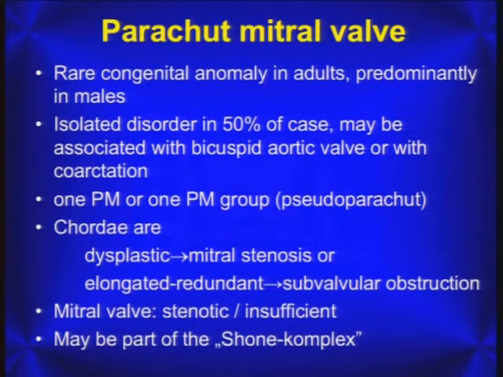The chordae might be either dysplastic and result in mitral stenosis, or elongated and redundant, as in our case, and cause subvalvular obstruction. The parachute mitral valve might be part of the Shone complex, which consists of stenosis on different levels: supravalvular mitral ring, parachute mitral valve, subaortic stenosis, and coarctation in the thoracic aorta.